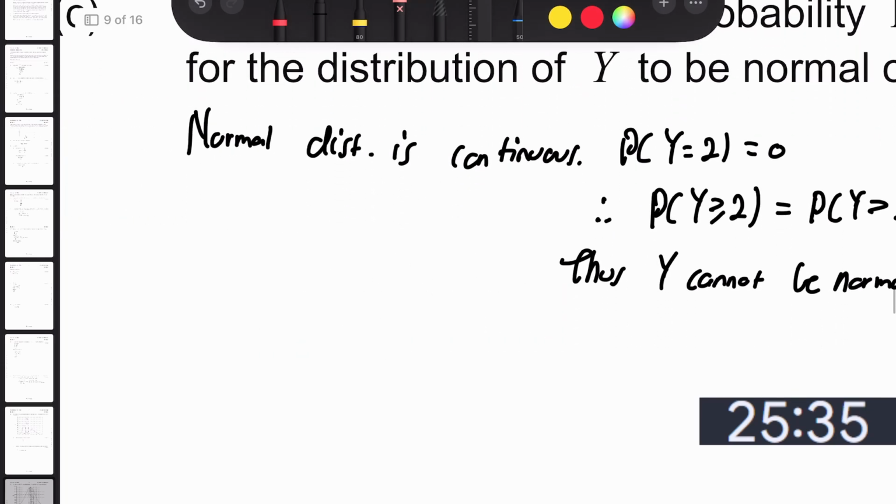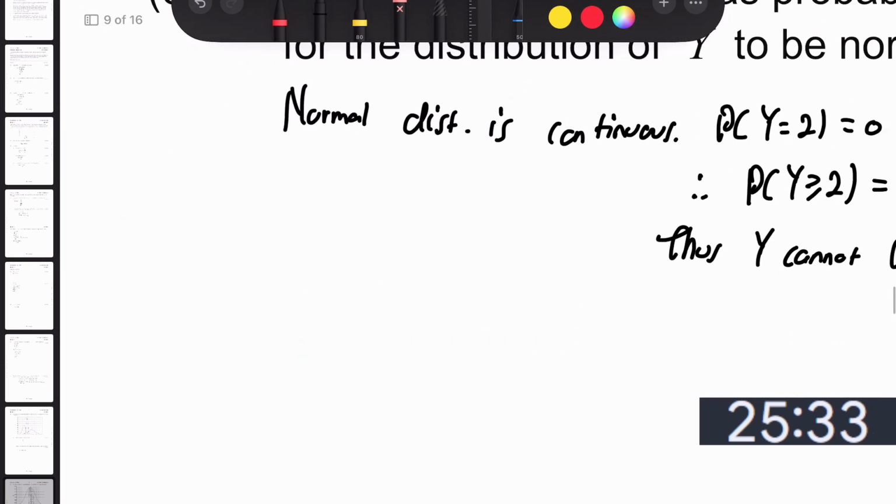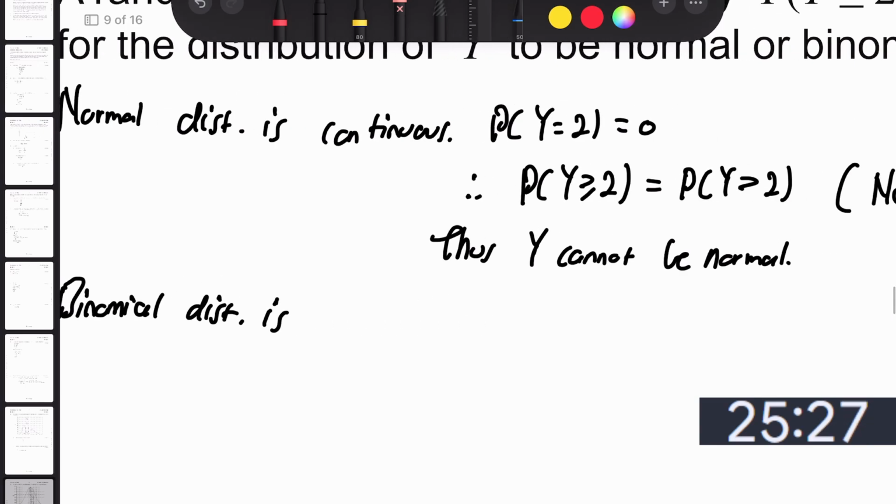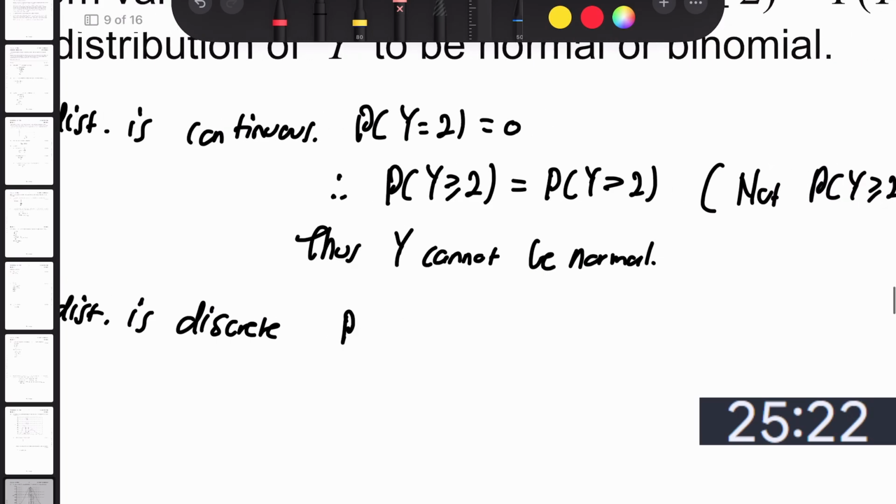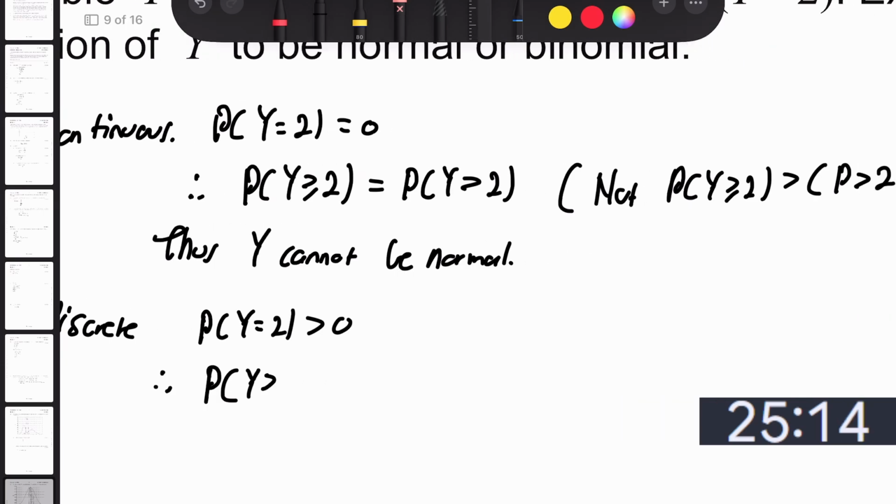And then here I'll say that binomial distribution is discrete, where the probability of y equal to 2 is greater than 0. Therefore, probability that, oh, it feels so good to be able to use 3 dots again. Y greater than or equal to 2 must be greater than probability of y greater than 2.